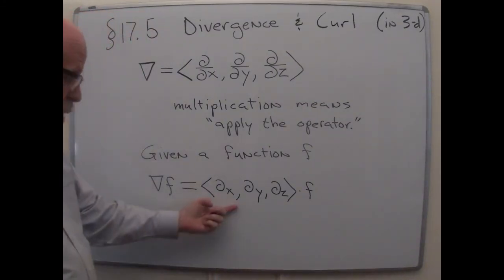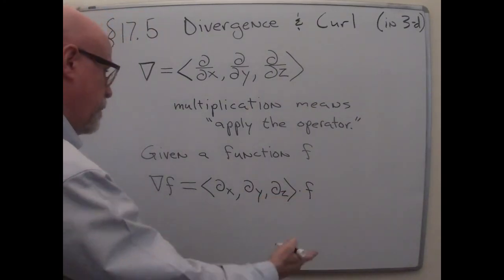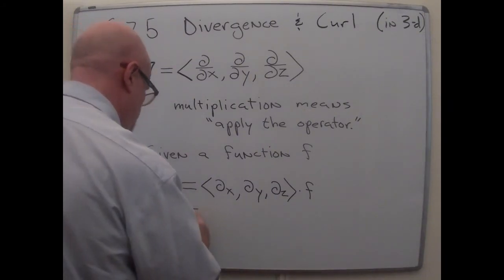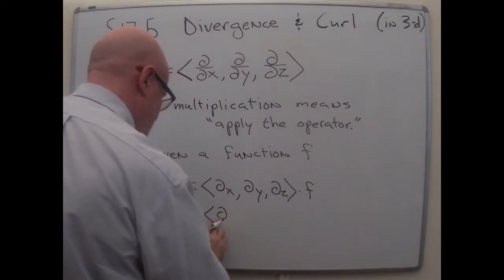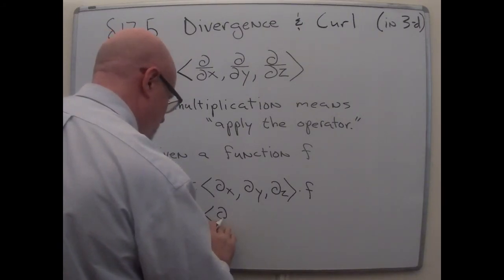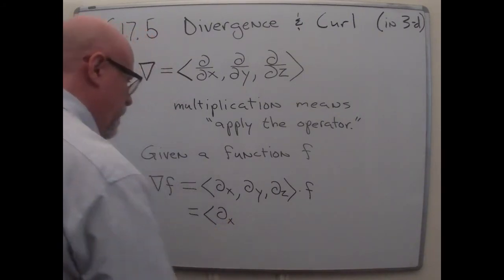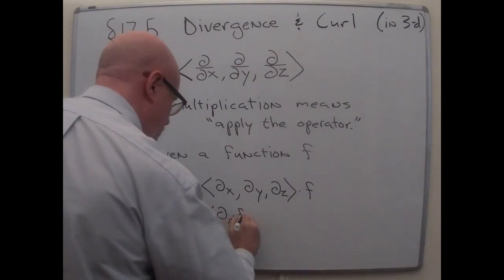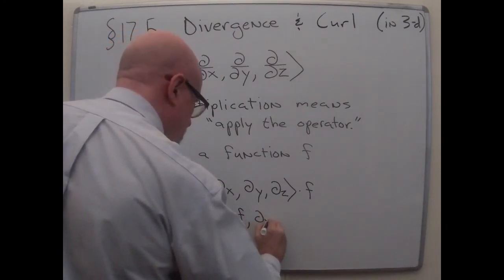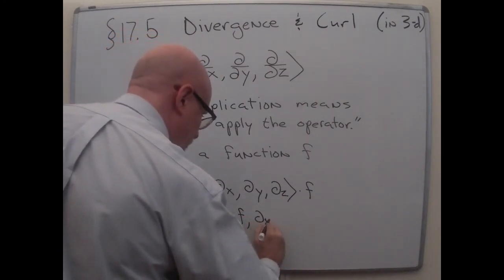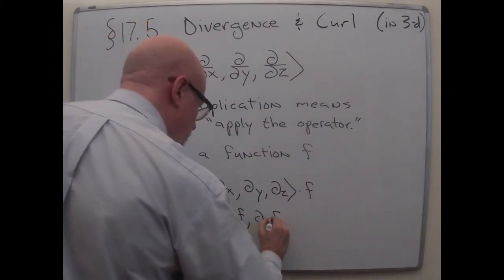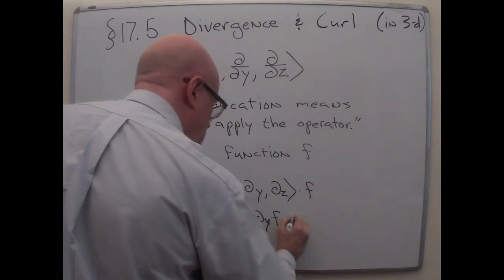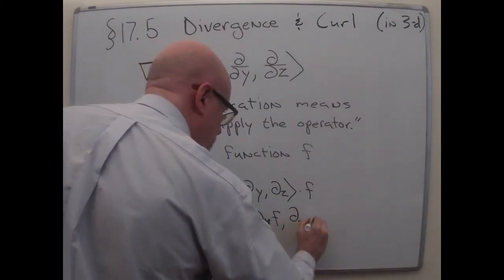And so when you have a vector multiplied times a scalar, you distribute the scalar in. So you get partial x times f, partial y times f, and then partial z times f.